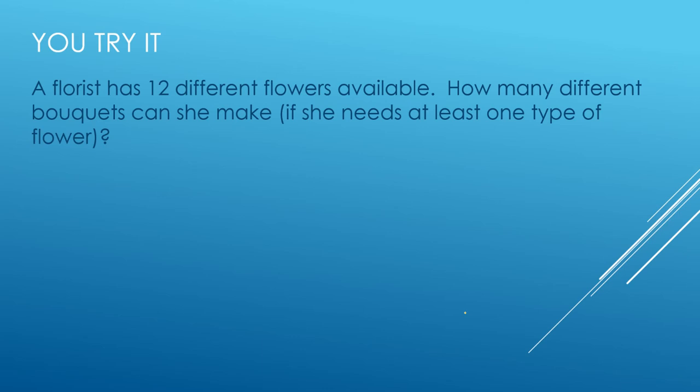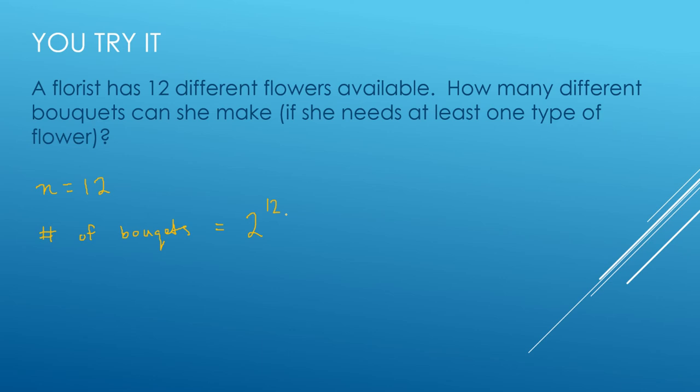You can pause and try this if you'd like, and unpause when you're ready, or do it along with me here. So in this question, we have 12 distinct types of flowers. The number of bouquets, because we're not counting the null set, we would do 2 to the power of 12.